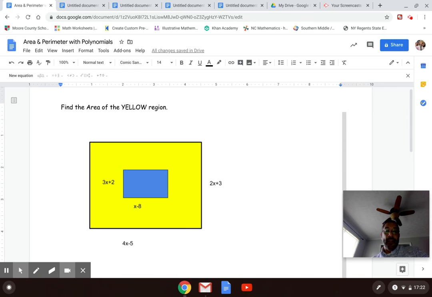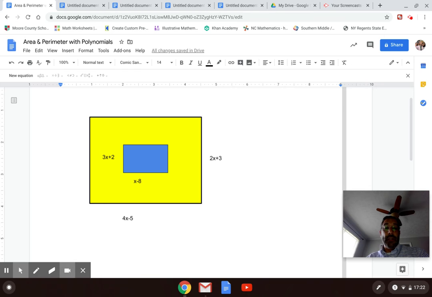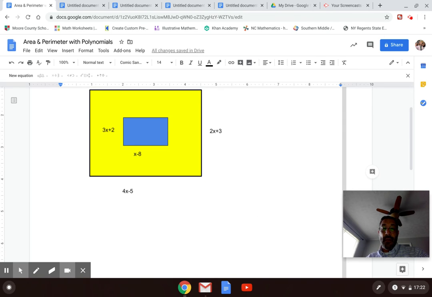So to find the area of the yellow region, I'm going to first find the area of the entire region, and then subtract the area of the blue region from the area of the entire region to find what's left over. That's going to give me the yellow. Okay, so in this particular situation, I actually have to find 2 areas and then subtract the one from the other. Okay, so let's go to it.